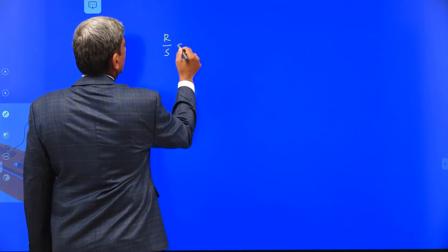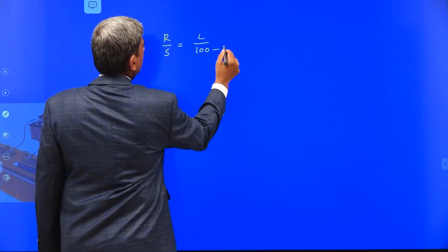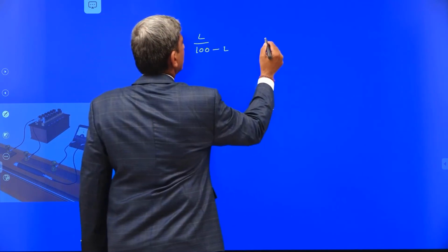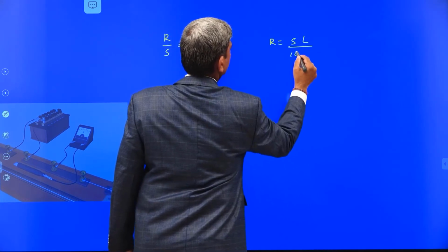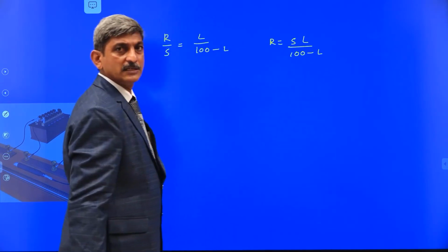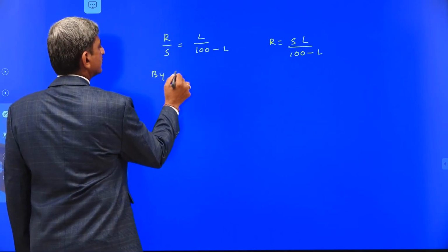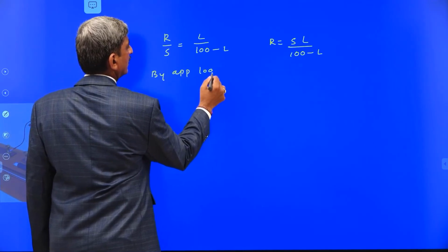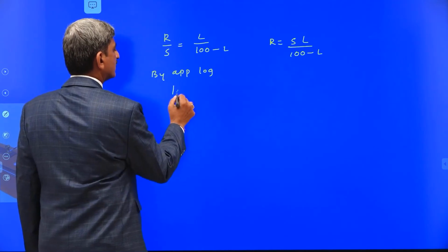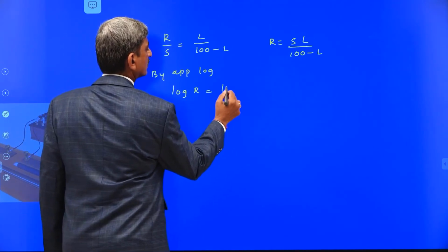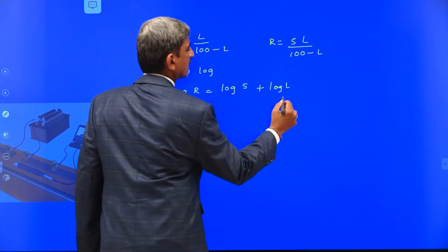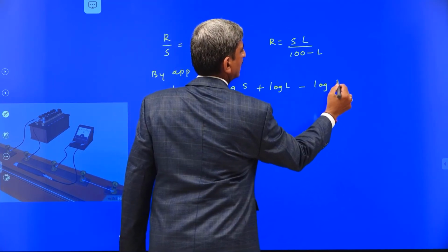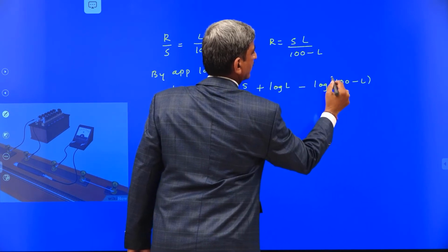For that we have R by S is equal to L by 100 minus L. By taking S to the right side, we have R is equal to SL divided by 100 minus L. By taking log on both sides, we can write it as log R is equal to log S plus log L minus log (100 minus L).